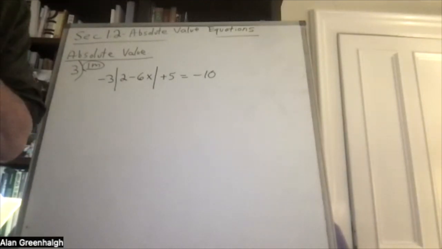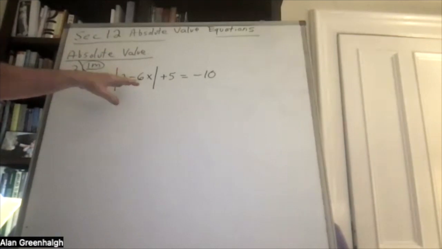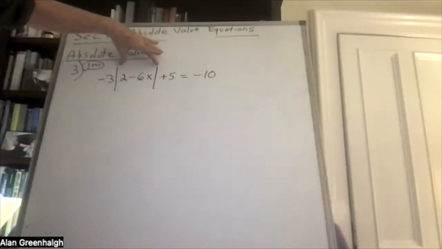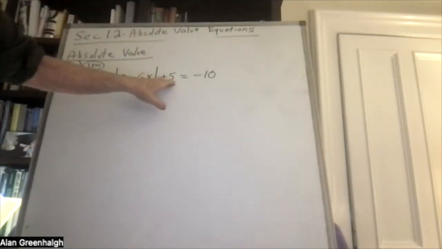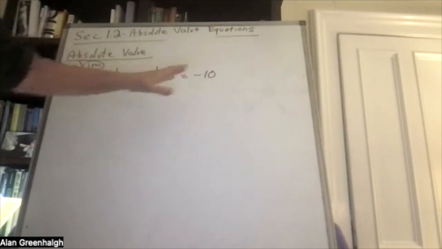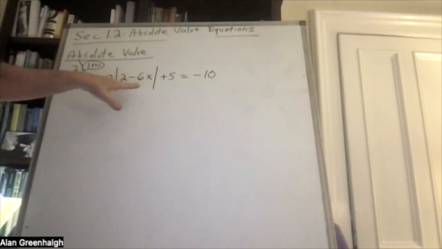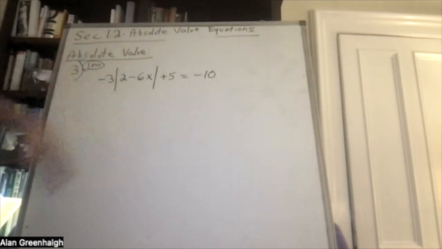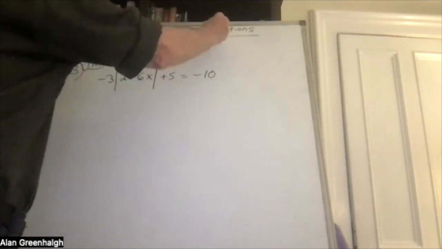The object in this problem is to isolate the absolute value. In other words, get rid of this, get it all away so that all you're left with is what we were left with on the other side, which is the absolute value equals some number.